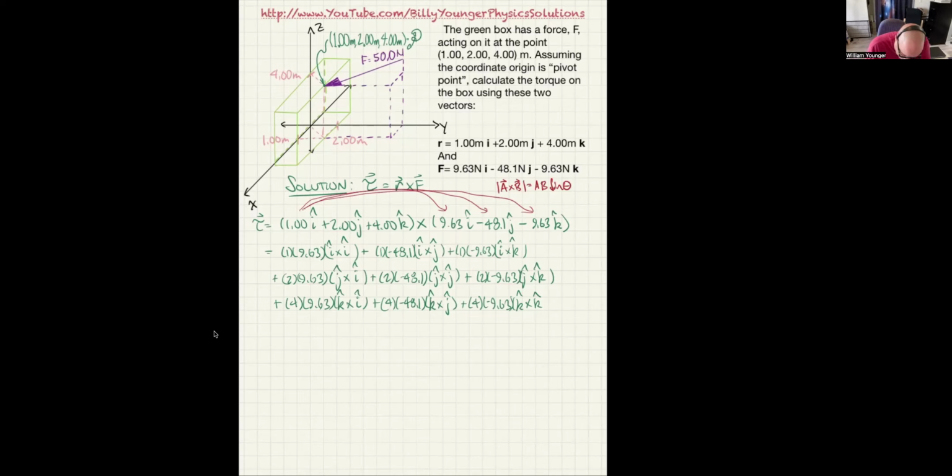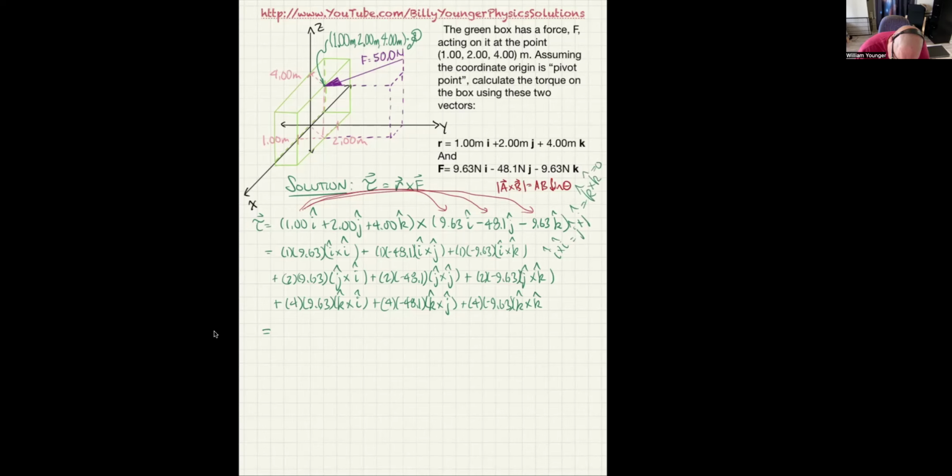So with that in mind, all I have to do is realize, wait a second, whenever I have two vectors that are parallel, then theta equals 0 degrees. So I hat cross I hat equals j hat cross j hat equals k hat cross k hat.